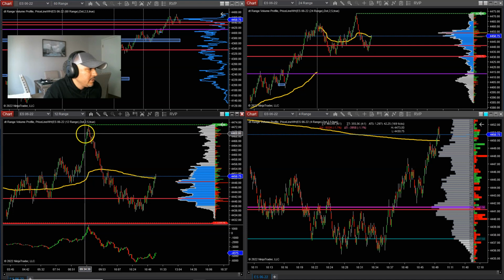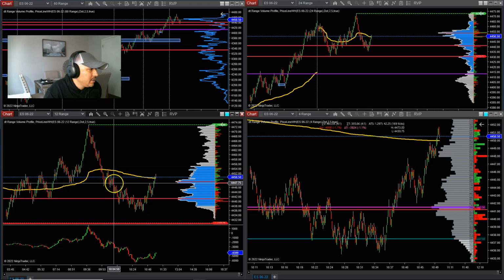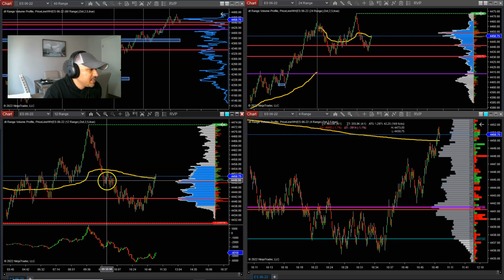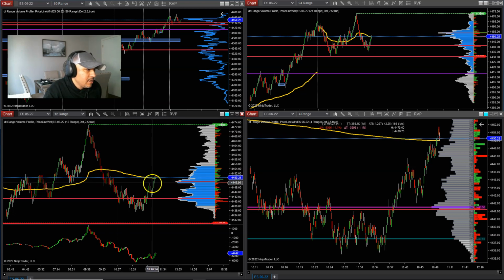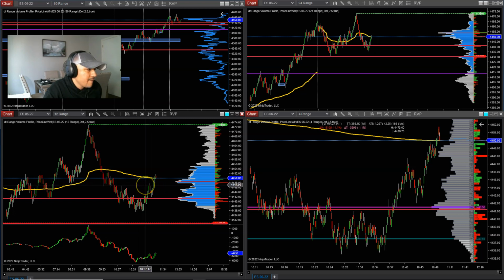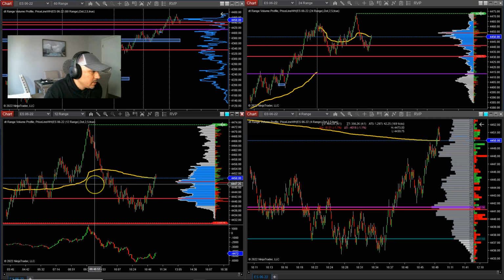There's supply sitting up here, but be careful because price could actually bounce, could reject this area here. But if price rejects this area right here and breaks back down to the downside here, we got to be careful if you went short here because you got support right here. Okay, so man, that's what I'm saying. Be careful.